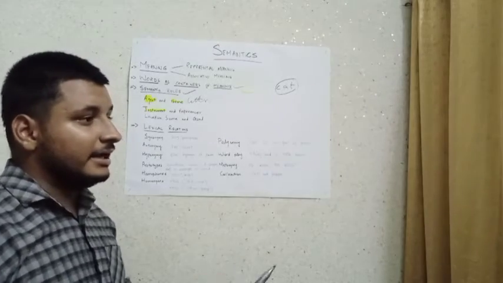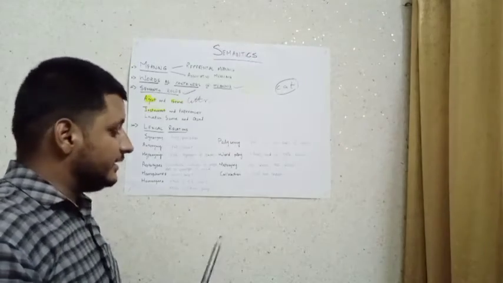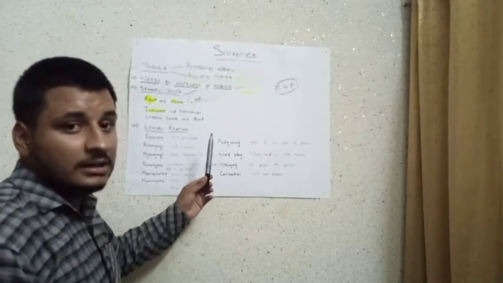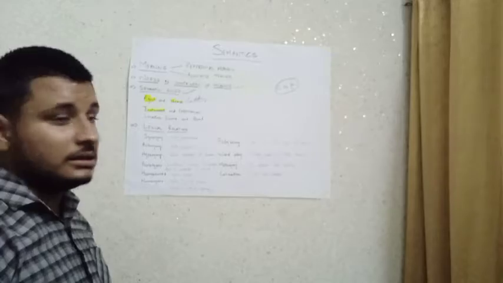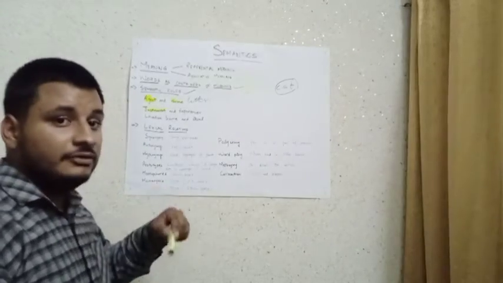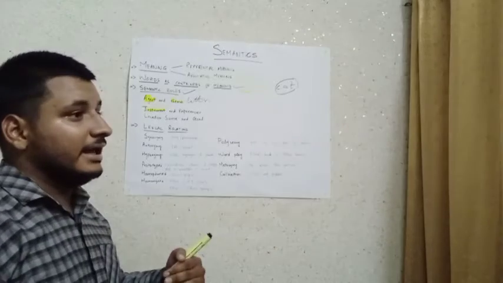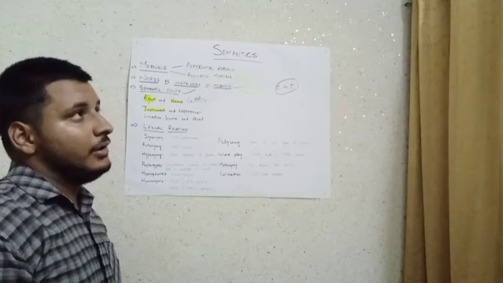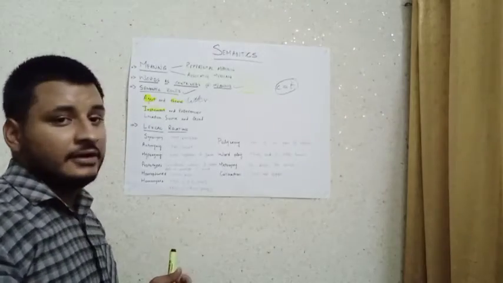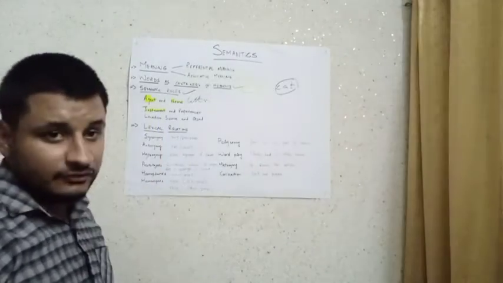For example, I am using the marker on the chart. Here, the marker is an instrument used by me, by an agent. Or another example: Ali cut his hand with a blade. Here blade is an example of an instrument.